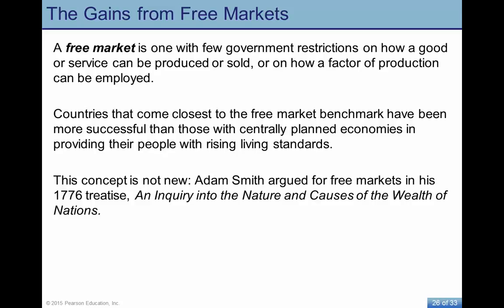Countries that come closest to the free market benchmark have been more successful than those with centrally planned economies in providing their people with rising living standards. This concept is not new. Adam Smith argued for free markets in his 1776 book, An Inquiry into the Nature and Causes of the Wealth of Nations.